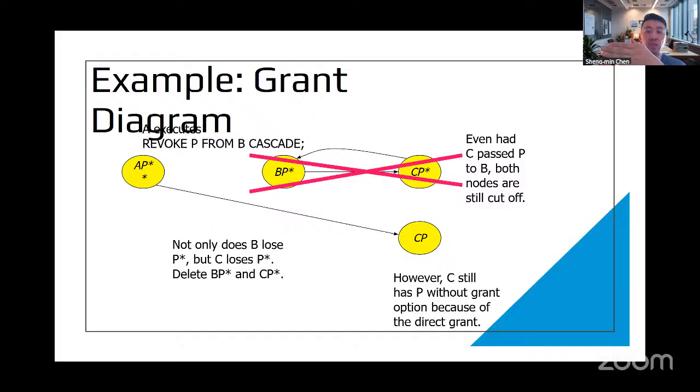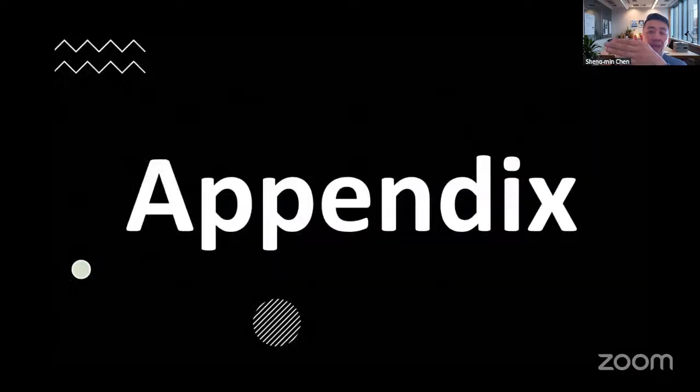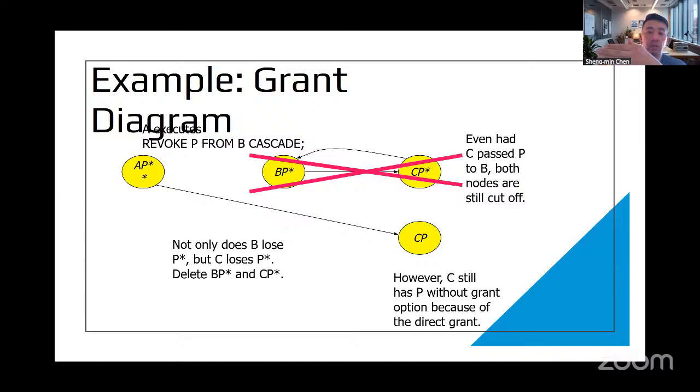So this is just something you should be aware of: using grant option has fundamental implications on integrity, just similar to primary key and foreign key constraints. Okay, that's the last bit about this lecture.